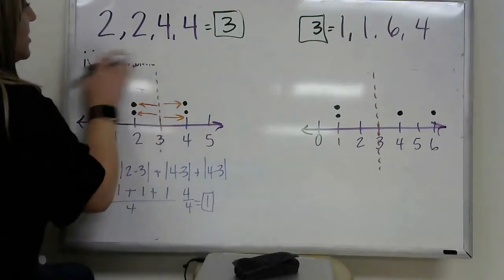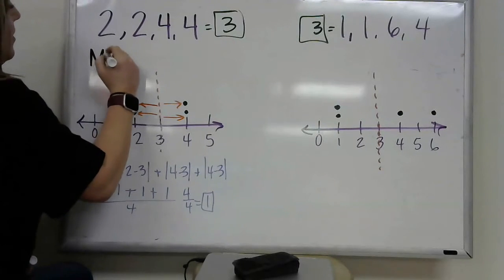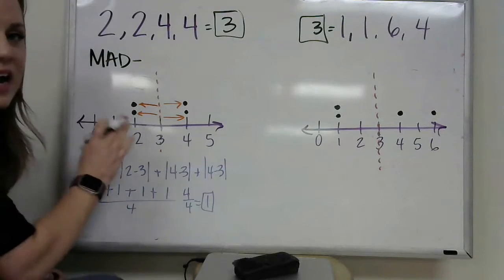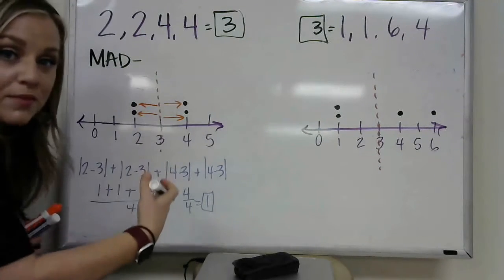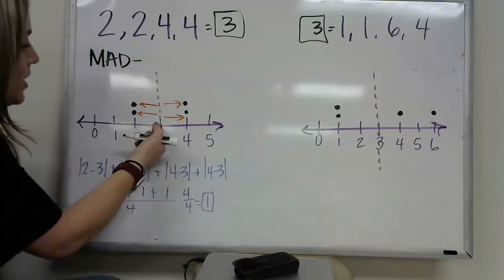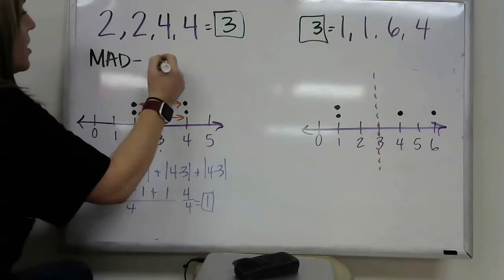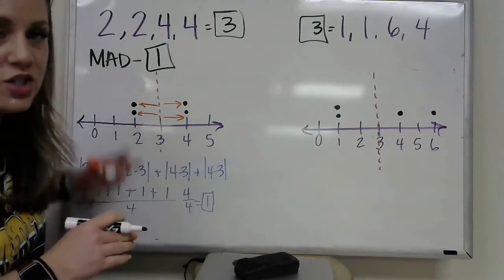It's also called, let me just do the acronym, MAD. The mean absolute deviation. Now, this is how far the data deviates from the average. I hope that makes sense. So we can see that this is deviating one spot from our average. So this mean absolute deviation, or MAD, is 1.